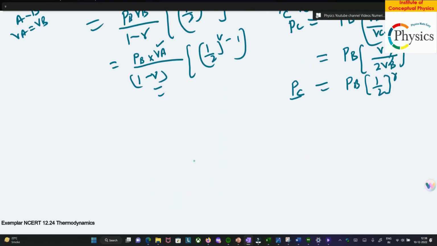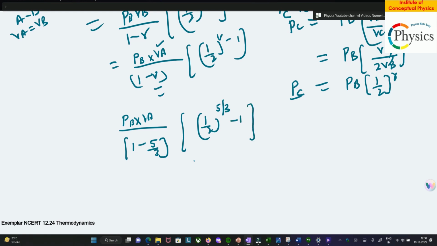So it is equal to PB multiplied by VA upon 1 minus 5 by 3, times (half)^(5 by 3) minus 1. And 1 minus 5 by 3 is minus 2 by 3, right? So I'll take the 3 upwards, minus 3 by 2 PB VA, (half)^(5 by 3) minus 1.